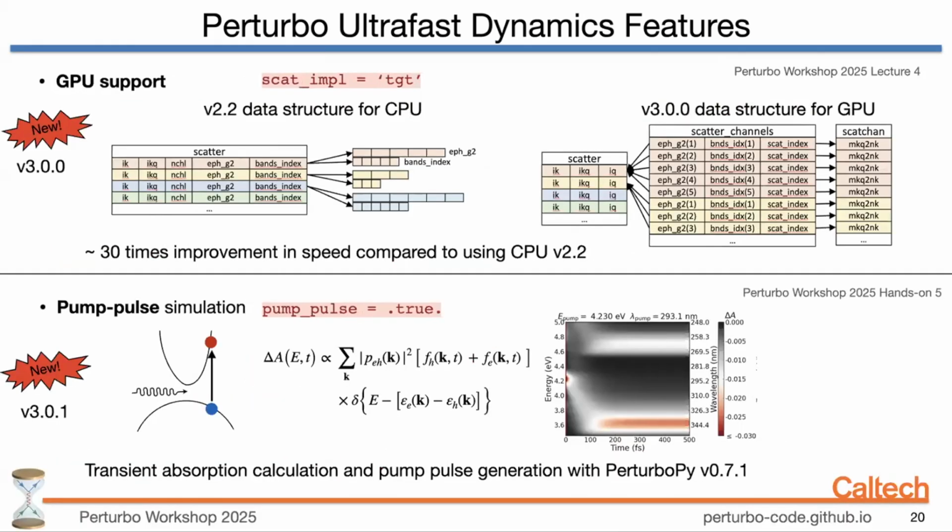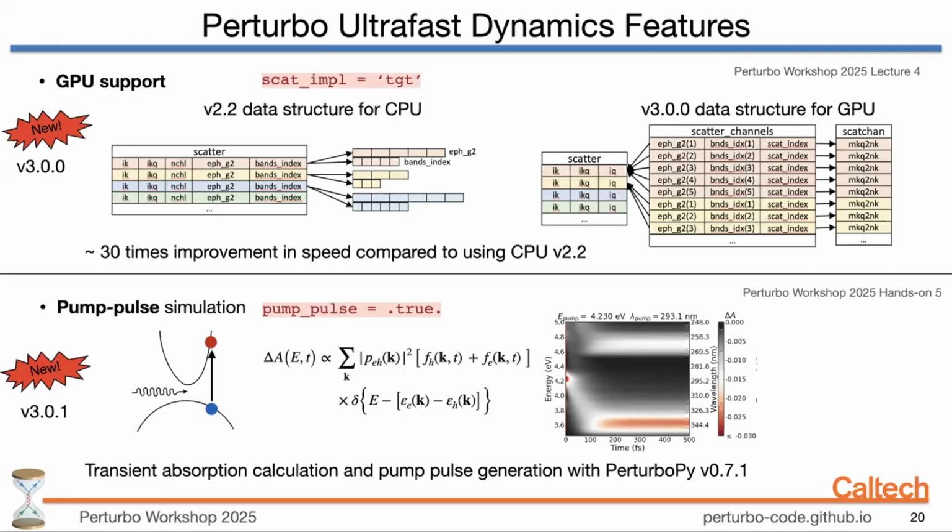In the new Perturbo release, we have GPU support for ultrafast dynamics that was covered yesterday, where we have a better data structure for both CPU and GPU. If you compile Perturbo with GPU and specify scat_impl equals the target, TGT, instead of the standard, STD, then you can use the GPU feature to expedite your simulation.